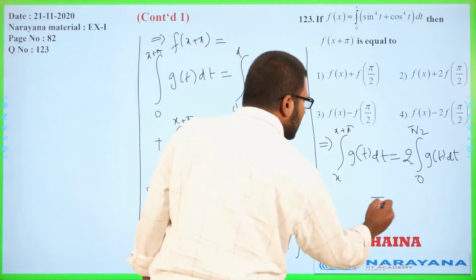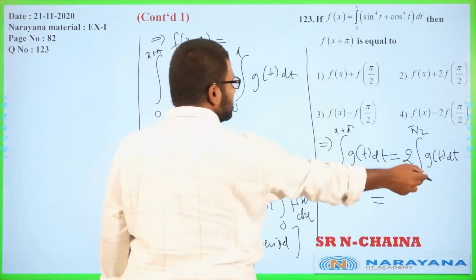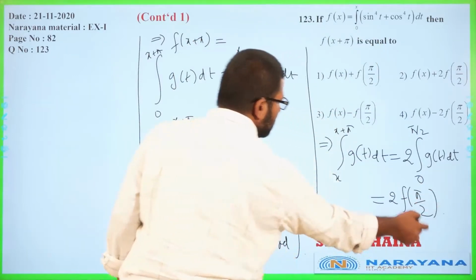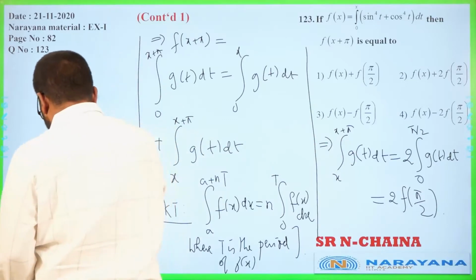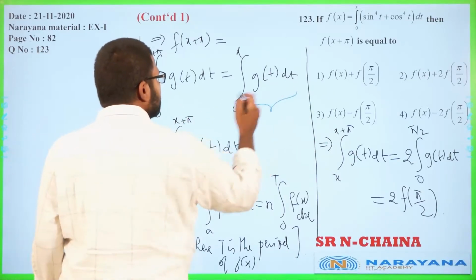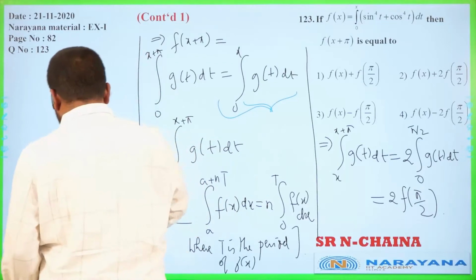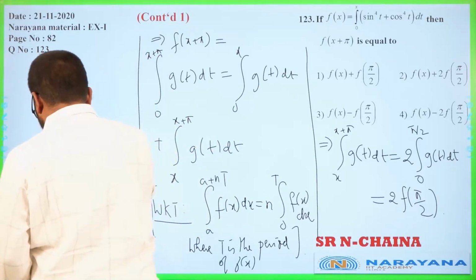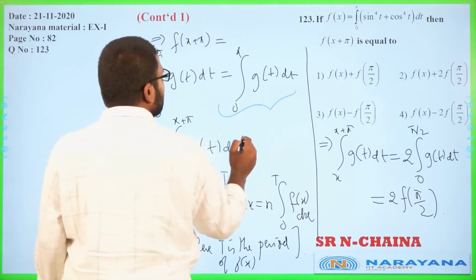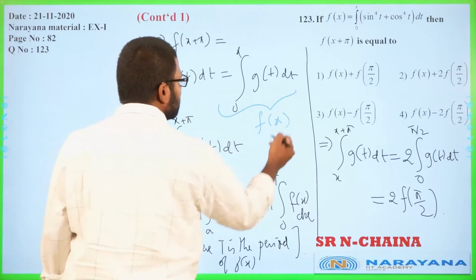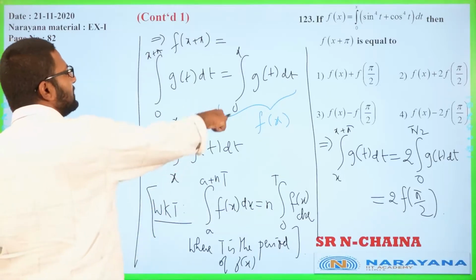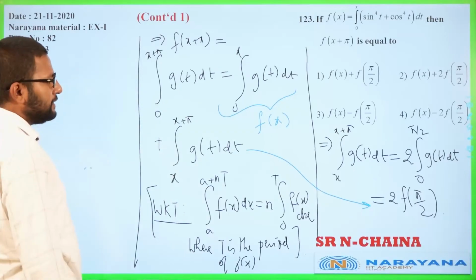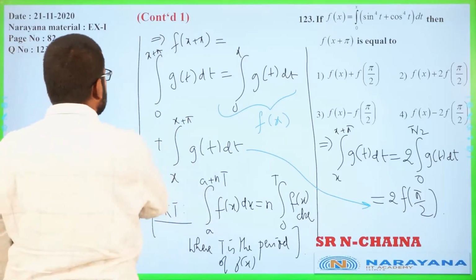Now you realize, this is exactly 2 times f of pi by 2, this term. And the first term, this whole thing along with the integral, is simply f(x). Right. So the first term is f(x), the second term is 2 times f of pi by 2, right.